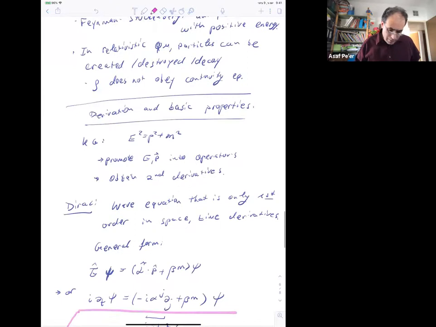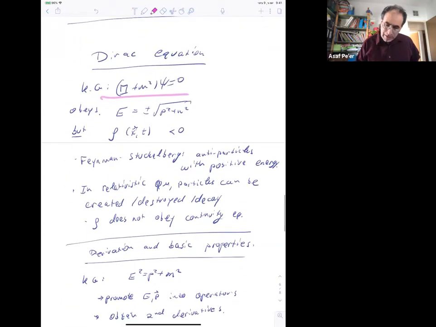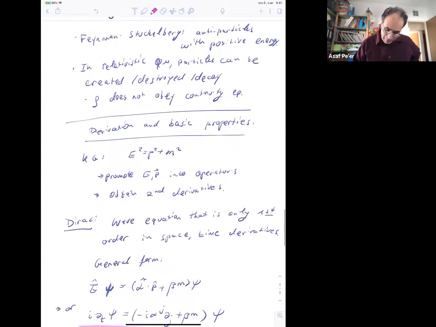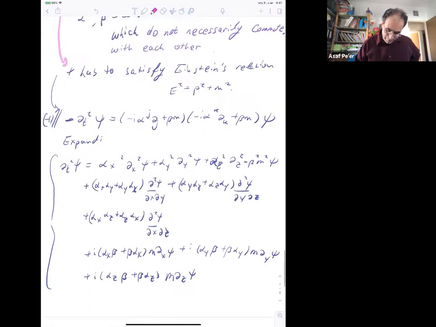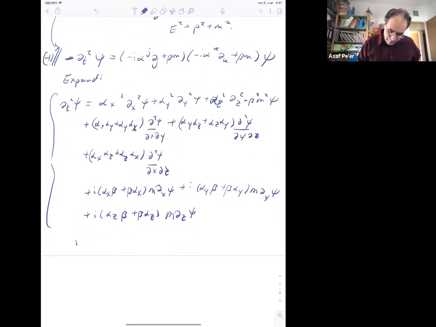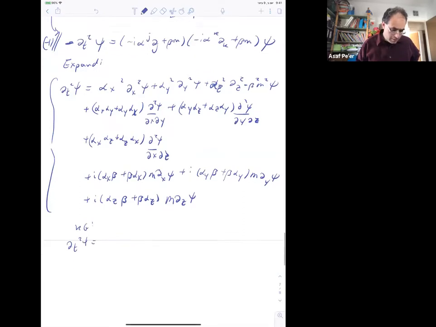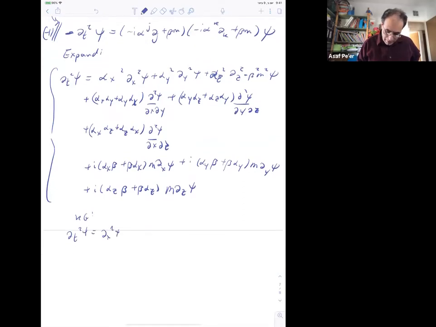But so the Klein-Gordon equation, again, this is d mu, right? So the Klein-Gordon equation is just dt squared psi is just dx squared psi plus dy squared psi plus dz squared psi minus m squared psi.